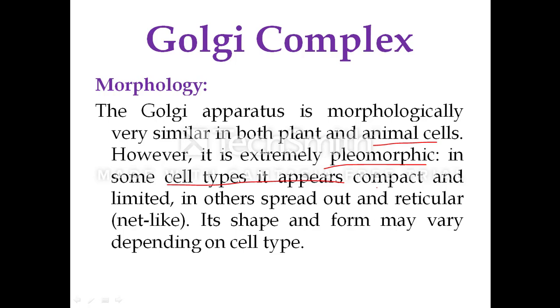In others, it spreads out like a membranous structure all over the cytoplasm. Its shape, number and form vary from one cell to another cell. It appears as a complex array of interconnecting tubules or vesicles or cisternae.